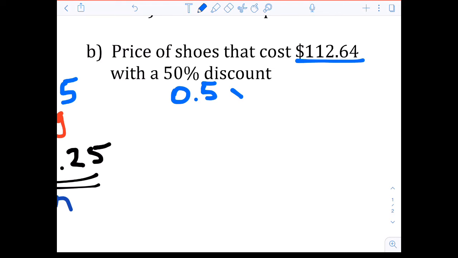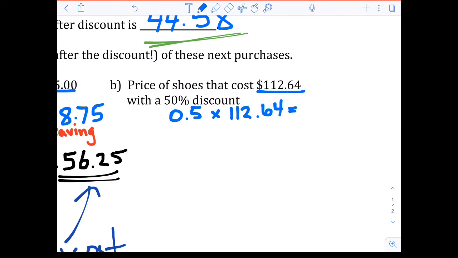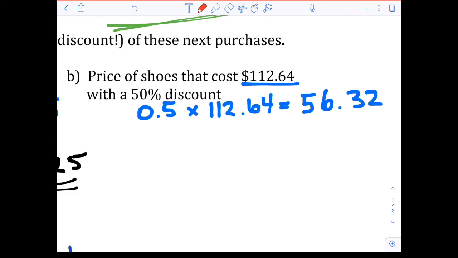I'm going to multiply that by $112.64 to see how much my savings will be. So when I put that in my calculator, 0.5 or 0.50 multiplied by $112.64, we get $56.32. Once again, that's how much we're saving.